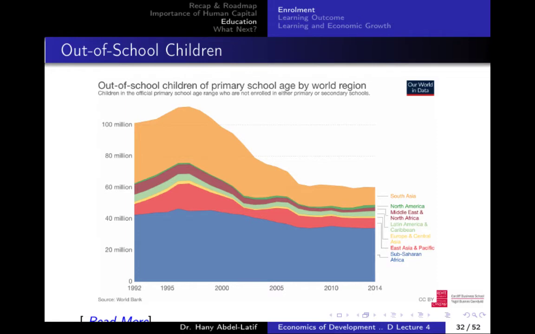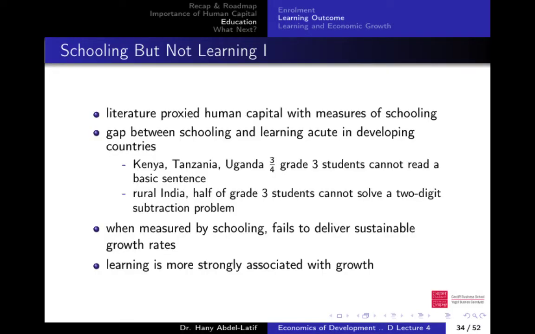But going to school doesn't necessarily mean that these children are learning. This affects the quality of education and the quality of human capital, and obviously that affects productivity and economic growth. In the second half, we're going to see how the new World Bank measure captures this and what it shows us. Do you have any question about the first half?